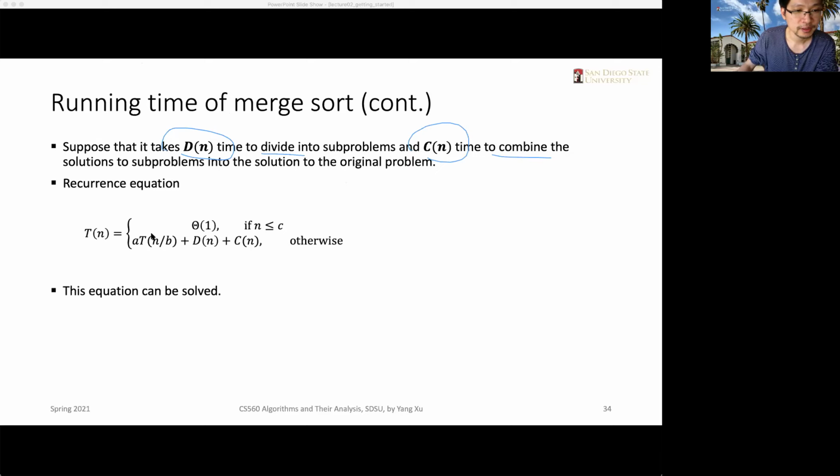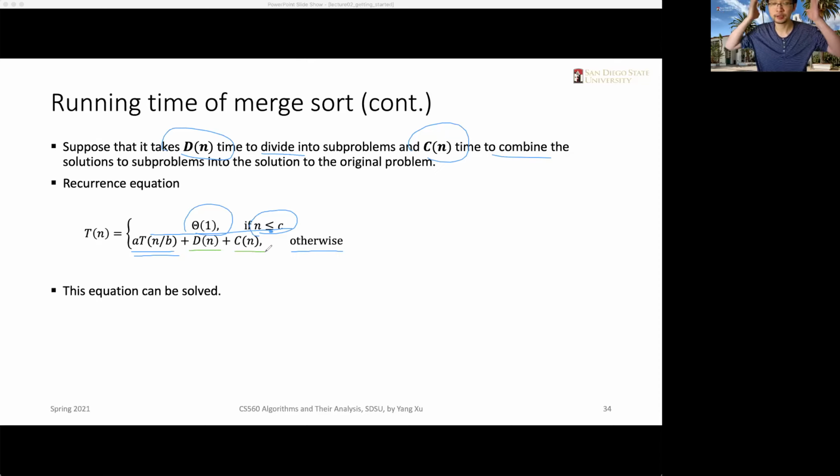The first case is the base case, where n is small enough so that we can directly get the solution within constant time. In the other case, if the problem can be divided, then the cost is the cost for solving all the subproblems plus the cost of dividing and combining.